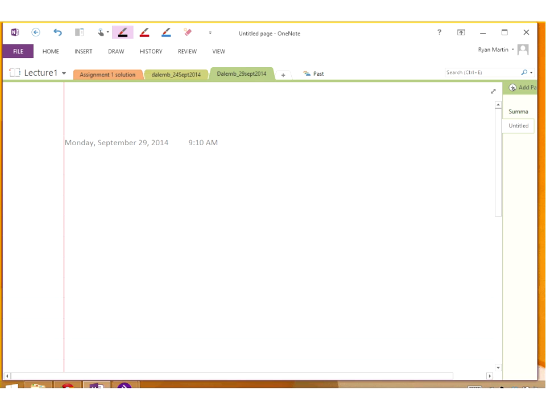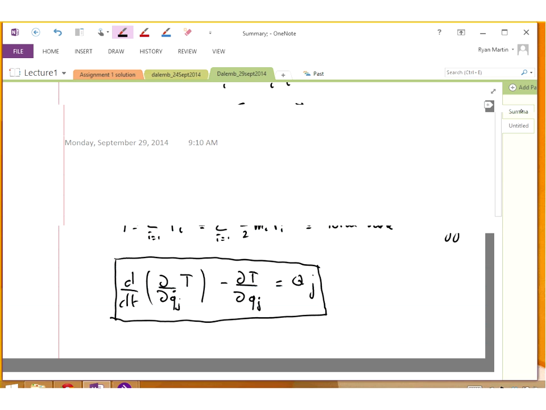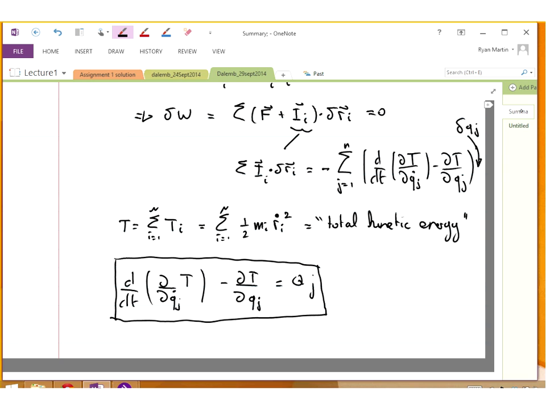Okay, so let me go back first and make a comment. Our goal, remember, here in analytic mechanics is to remove the need for vectors, right? So we introduced this concept of generalized coordinates and generalized forces, and then we find that we can write equations that are equivalent to Newton's second law using only scalars.